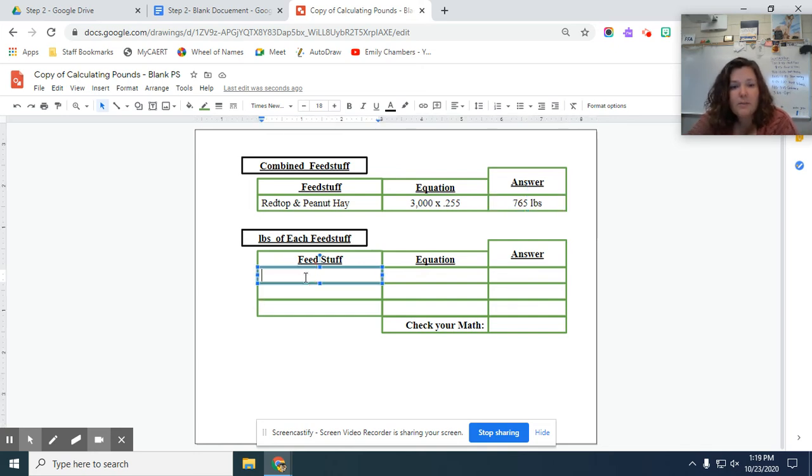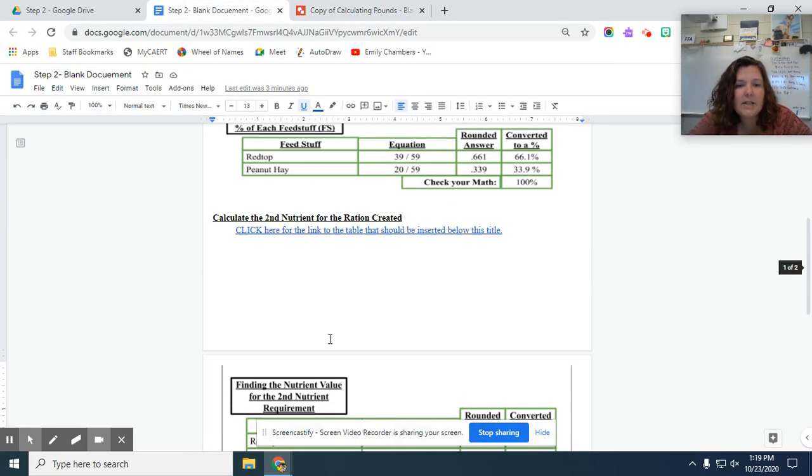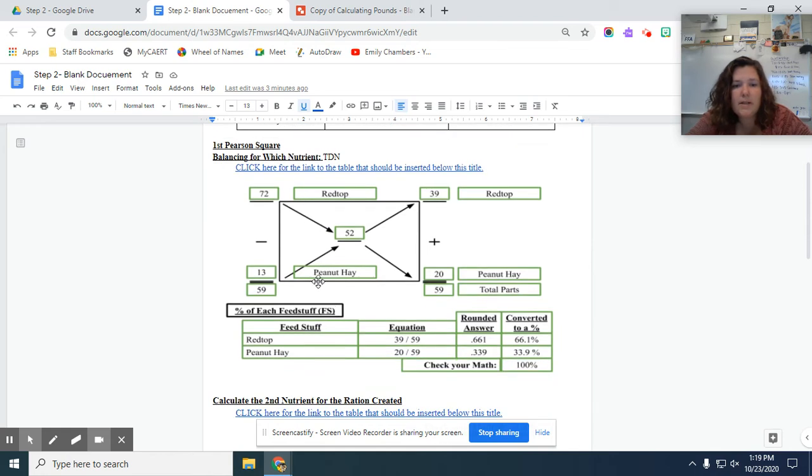So now when you get down here to pounds per each feed stuff, we're going to type in our red top. But our equation is going to use this original pounds, okay, so we're going to take that 765 and we're going to use the percentage from when it was just red top and peanut hay.